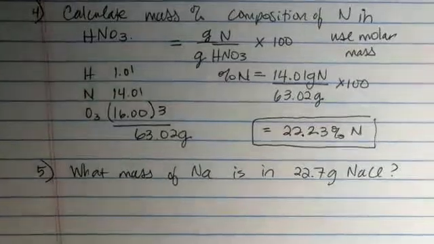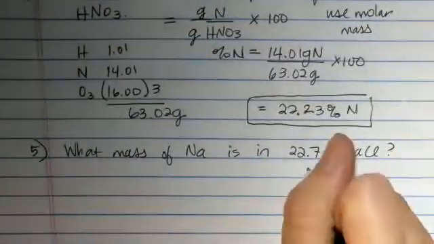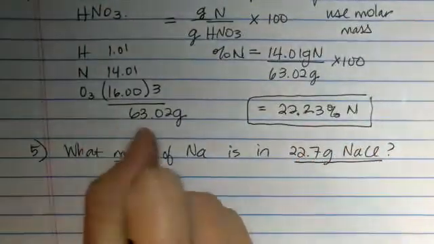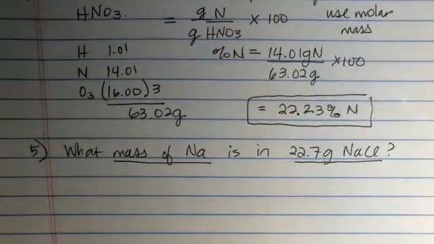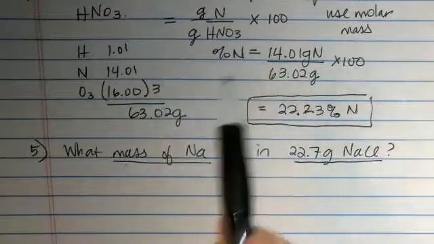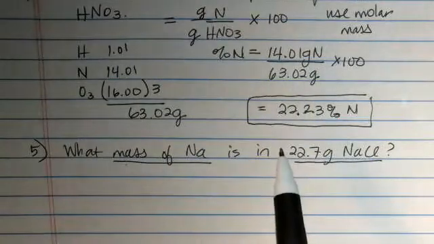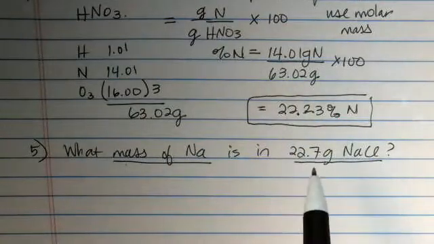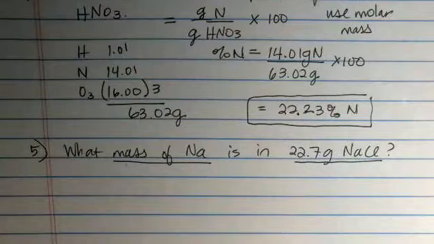So this one, we're taking mass of NaCl to mass of Na. A lot of times they'll suggest figuring out the percent composition of the sodium, just like we did with nitrogen in the last example, and then taking that percentage and multiplying it by the mass of the compound to get the mass of the sodium.